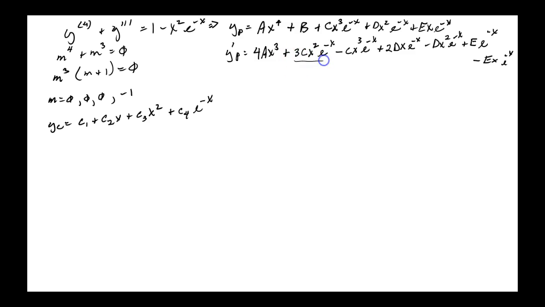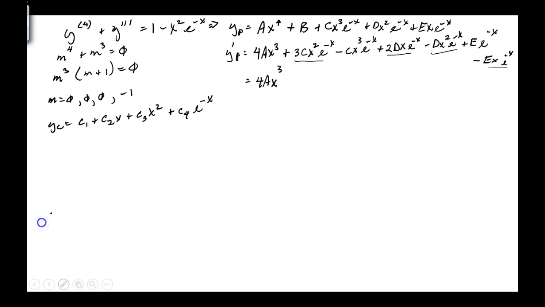These two x squared e to the minus x can go together. And these two x e to the minus x can go together. Okay, I think. All right, so let's see. I don't know if that's going to be helpful or not. Let's try it. That would be equal to 4ax cubed. That's really ugly.